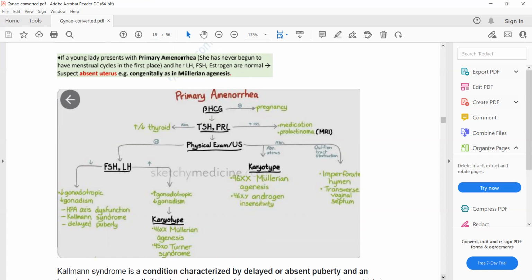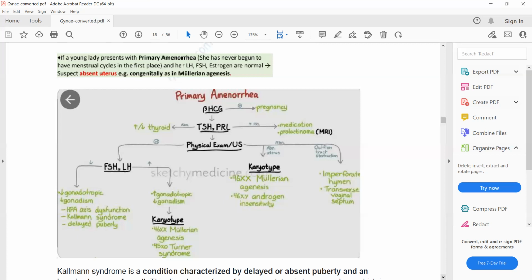If prolactin levels are high, then it is most probably due to prolactinoma. And if TSH levels are high or low, then the amenorrhea may be due to hypothyroidism or hyperthyroidism, depending upon the TSH value.